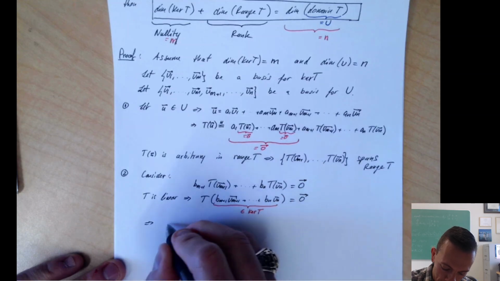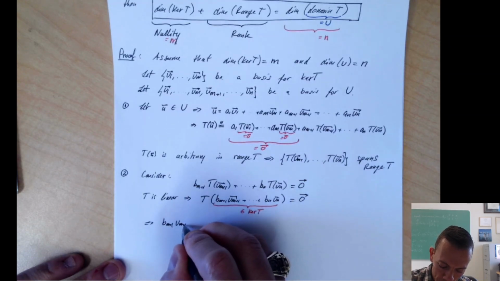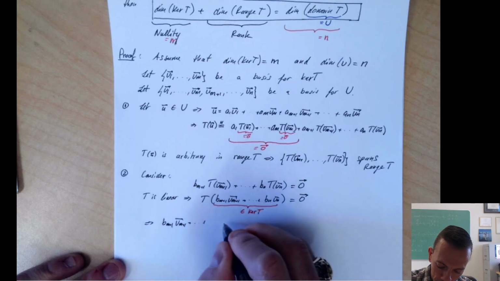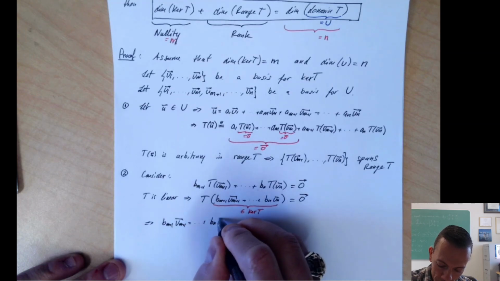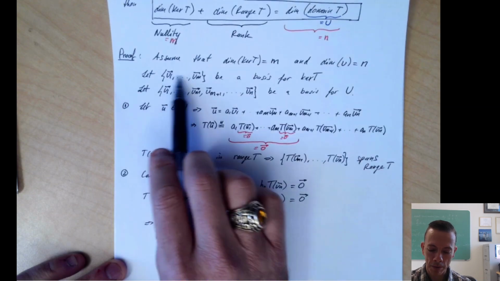So we can write the vector b_{m+1} u_{m+1} plus all the way to b_n u_n as some linear combination of the basis vectors for the kernel.